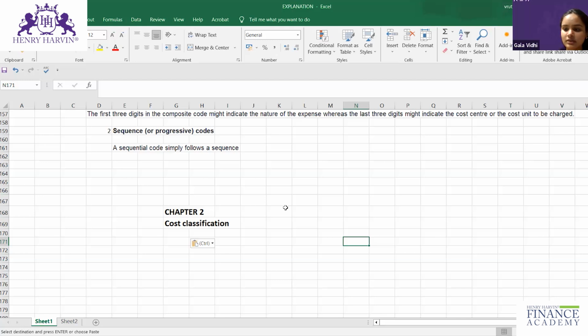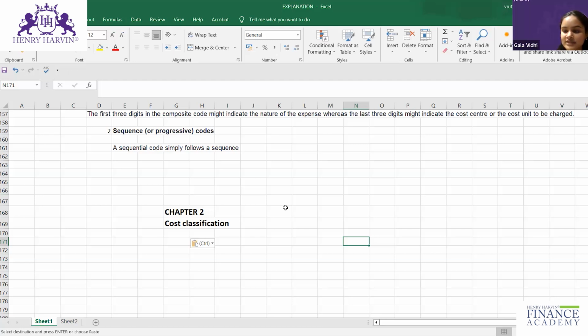Basically, cost classification is the process of categorizing your expenses and expenditure into different groups or categories based on their common characteristics or criteria. It is a fundamental accounting and financial management practice that helps organizations analyze and manage their cost effectively.